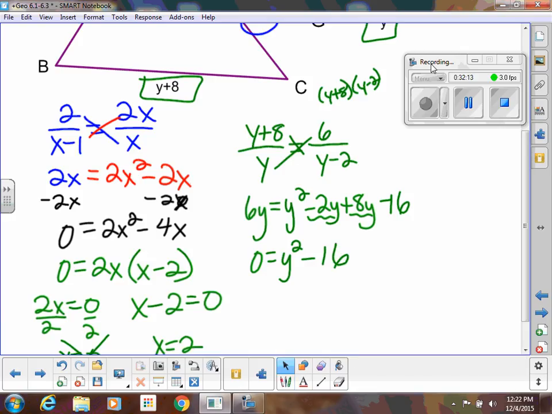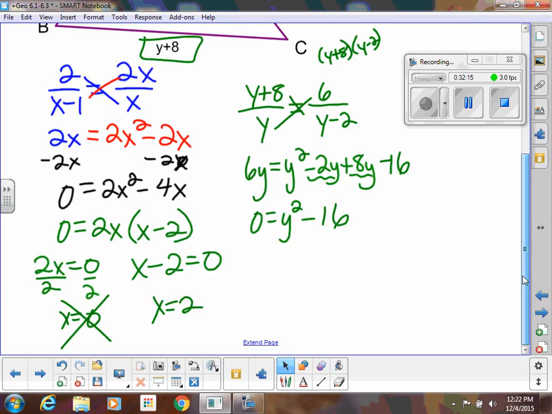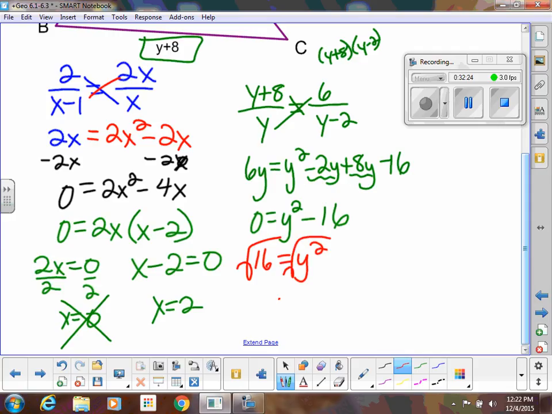So you can either factor this, or since I only have a y squared, then I don't need to get everything on one side. I can just add that 16 over and then square root both sides. So I'd have y is equal to plus or minus 4, but again, I don't want to have a negative side, so I really don't want the negative. I really just want the positive 4.